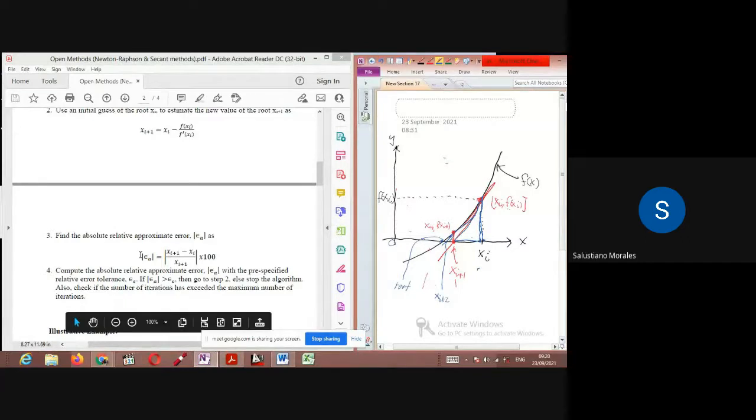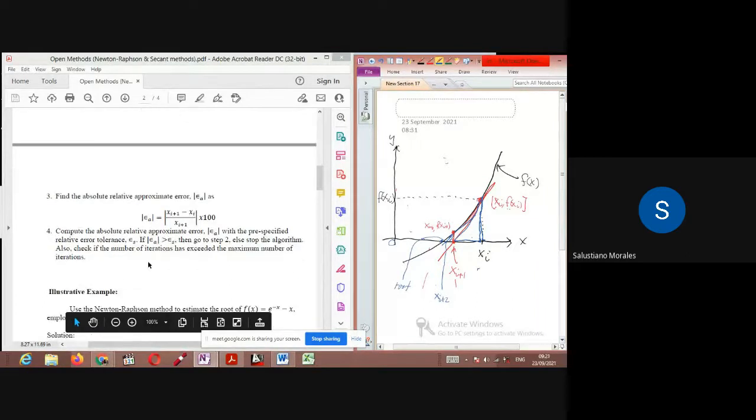So that is step number 2. Else, stop the algorithm. So if we already met the condition that EA is less than or equal to ES, then we will stop the iteration. Also check if the number of iterations has exceeded the maximum number of iterations that is already set in the given problem.